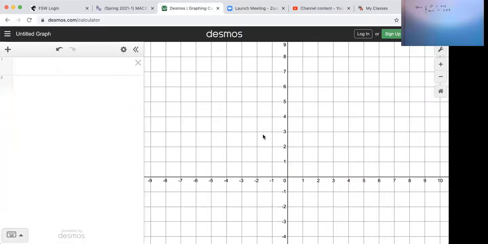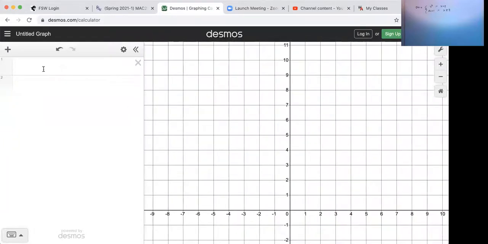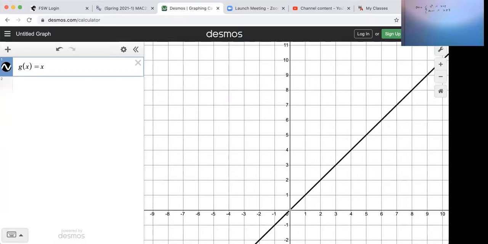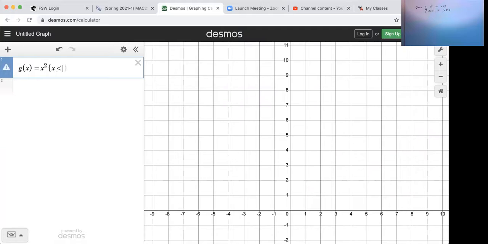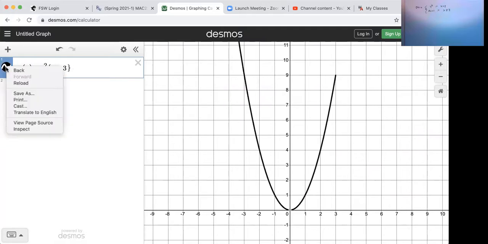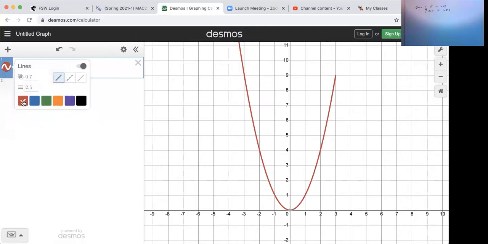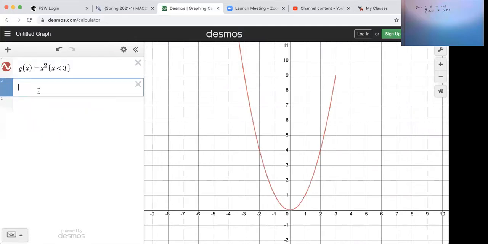So the first part of this, we have x squared if x is less than 3. And I want to emphasize that this is one function, even though I'm drawing it multiple ways. And it is 2x plus 1 if x is greater than or equal to 3.